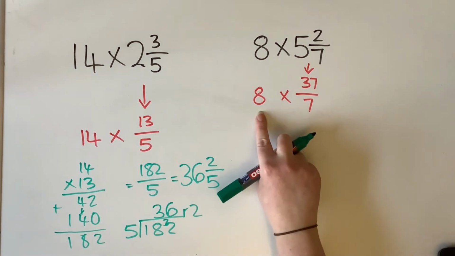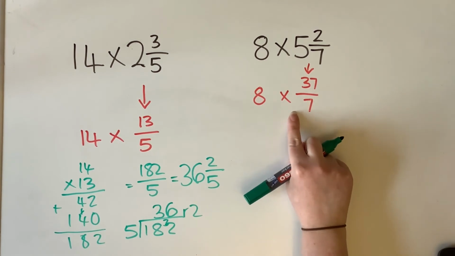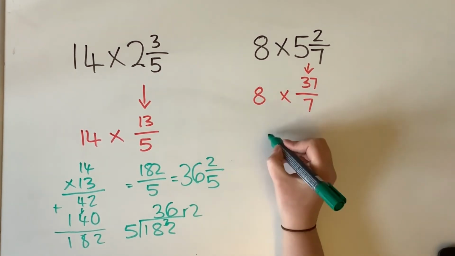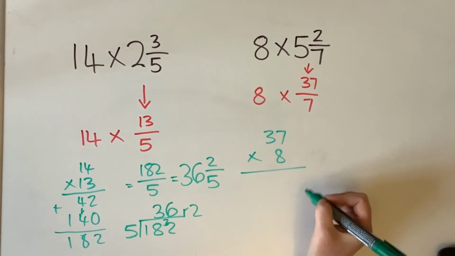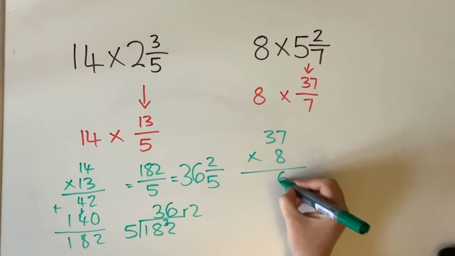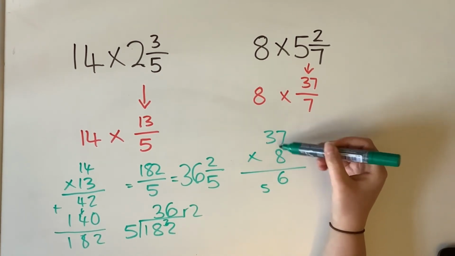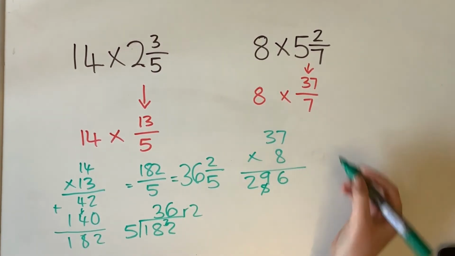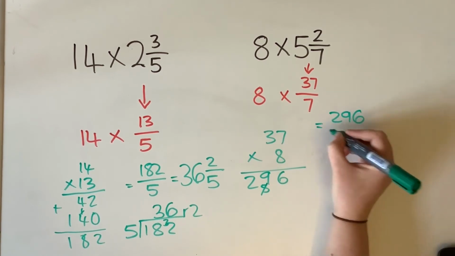Then looking at this one, if this now makes sense and you weren't sure about this one, now pause the video and have a go at this one before I go through it. But this one I need to do 37 times 8. 7 times 8, my favourite one, is 56. 3 times 8 is 24, add on the 5 is 29, so giving me the answer of 296 over 7.